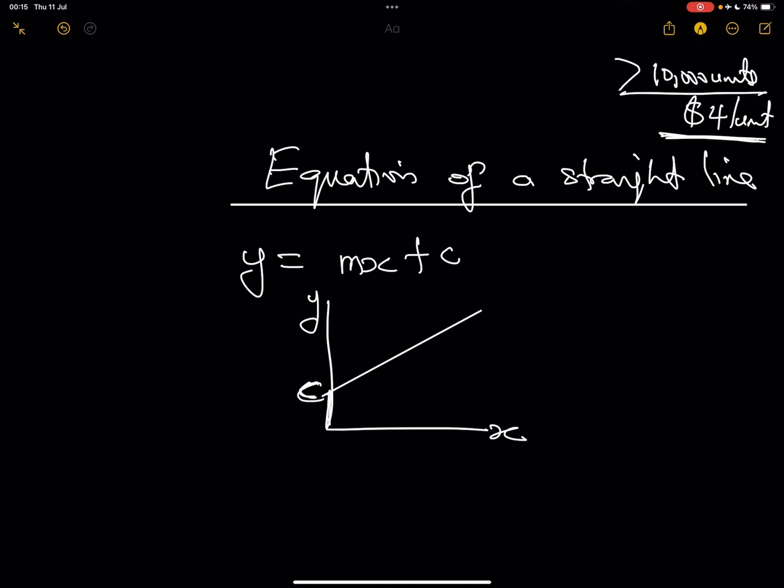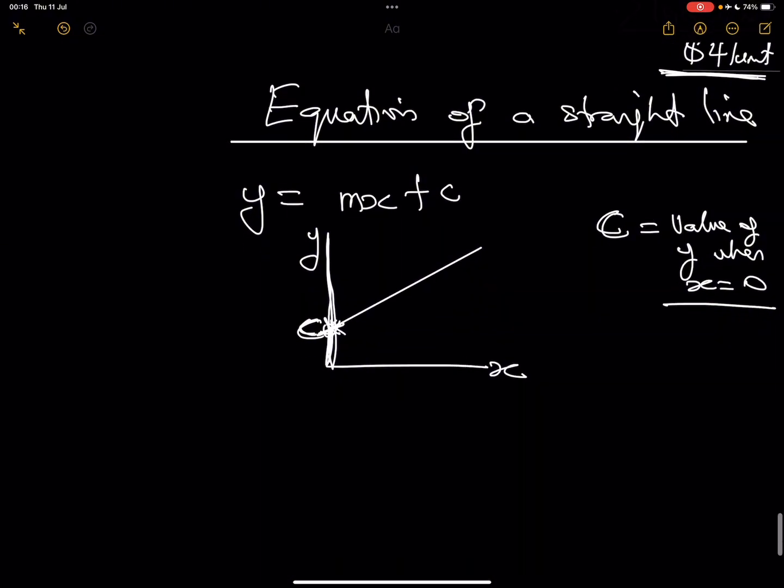We usually say c is equal to the value of y when x equals 0. So on this line, x is equal to 0, but the line is crossing y at c. That's why it is called interception. And I will explain what all of this means.